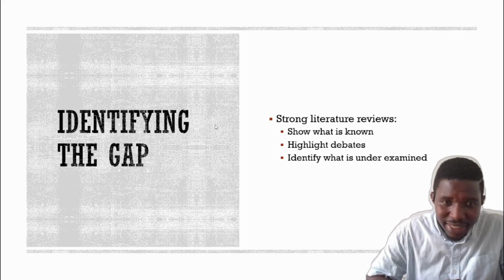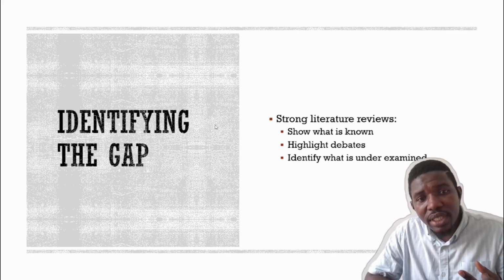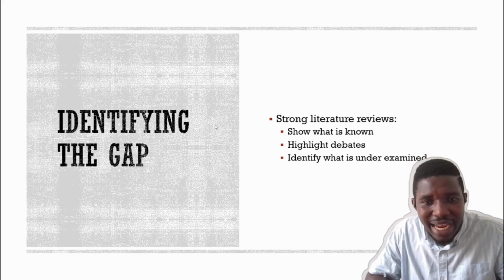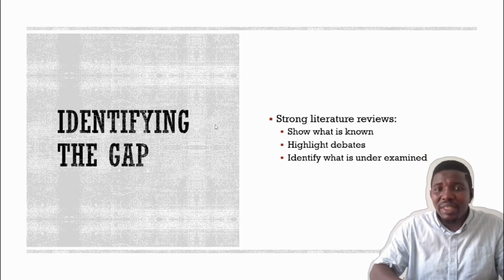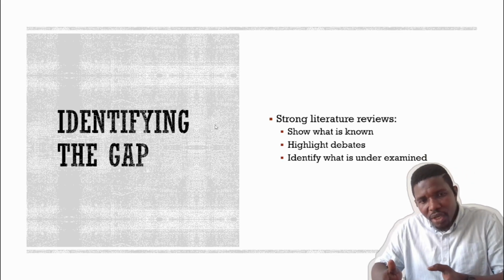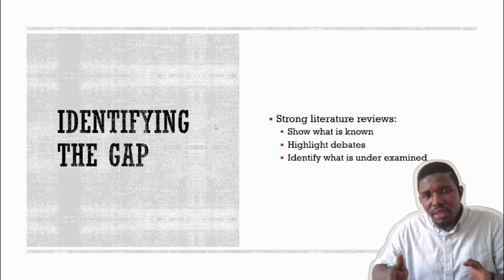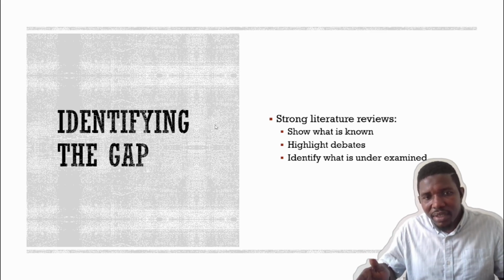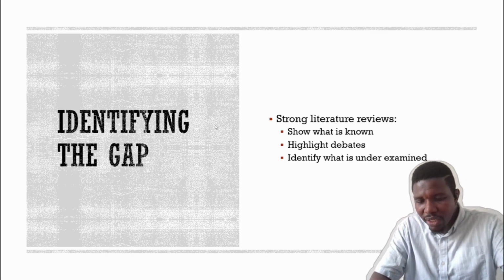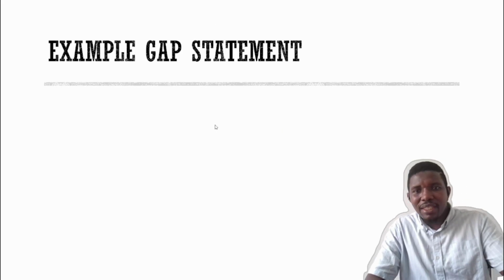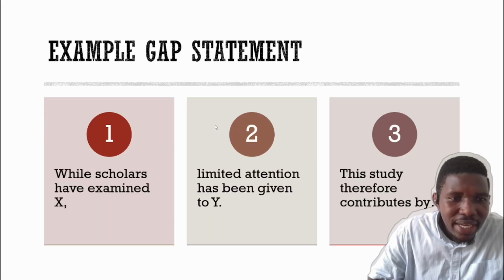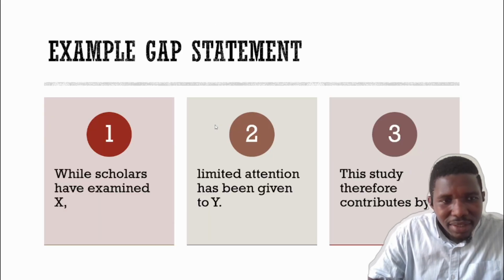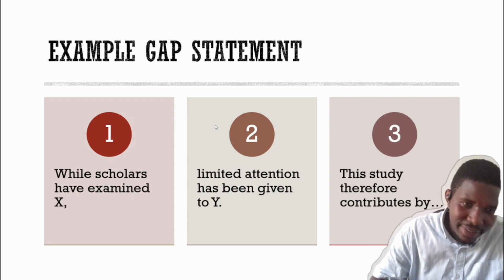Second, the debates and arguments in the field. The third thing is to identify what is under-examined. What is under-examined might be the gap. That's how to identify a gap. Okay, example of a gap statement: while scholars have examined X.